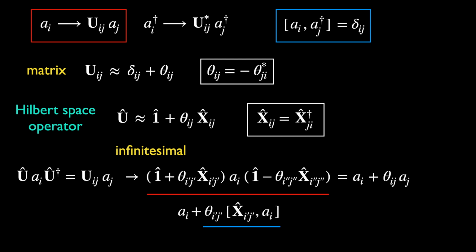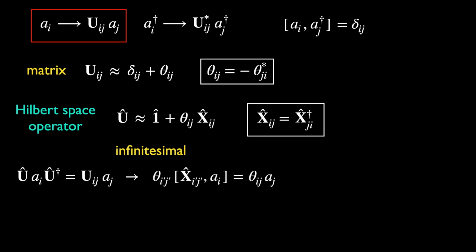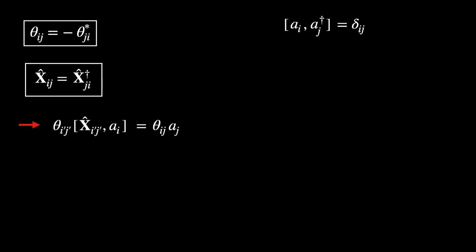This must be equal to the second term on the right-hand side. Now we compare terms on both sides of this equation. Let's see what this commutator should be in order to give the term on the right-hand side.